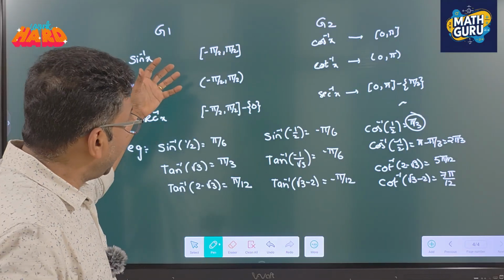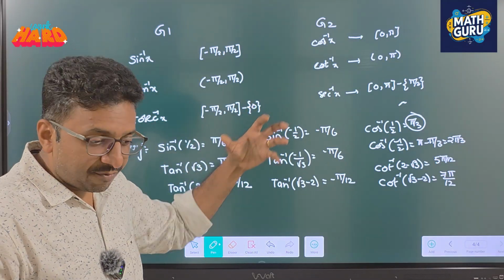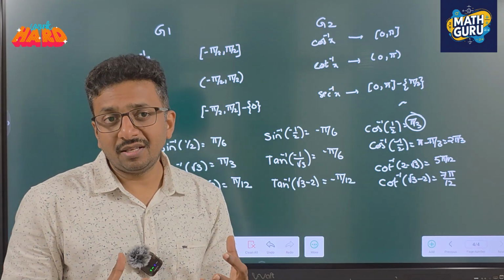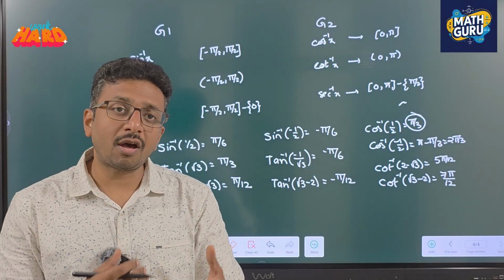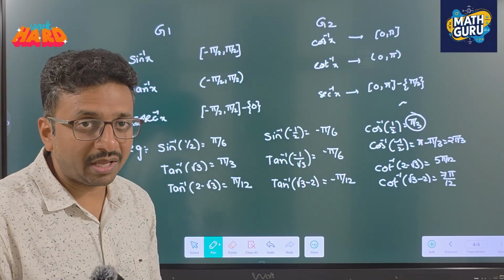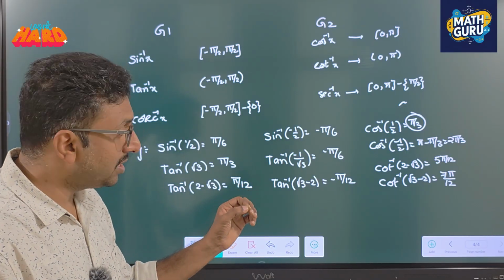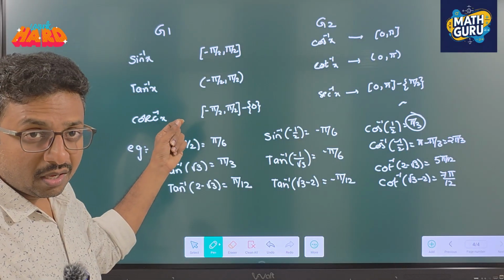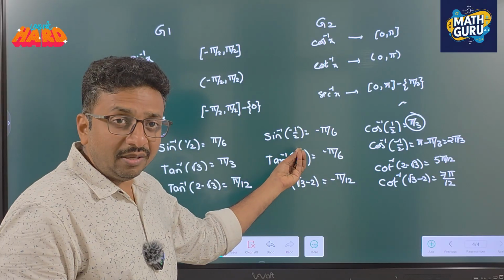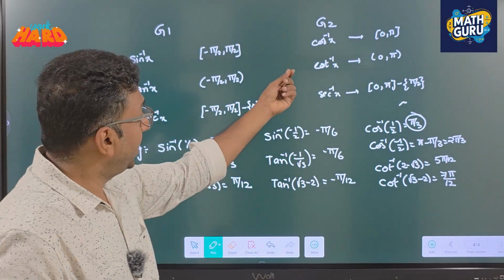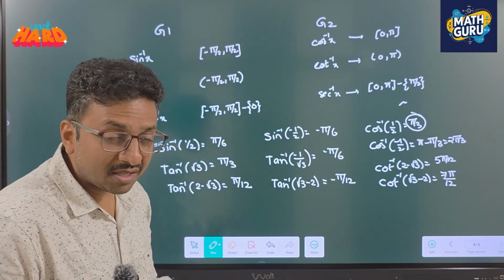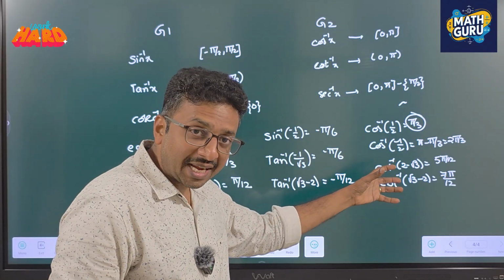If positive numbers are going inside the inverse trigonometric functions, in either group, the answers are always in the first quadrant. The main difference is when negative numbers are going inside. When negative numbers go inside group 1 ITFs, they give you angles in the fourth quadrant. When negative numbers go inside group 2 ITFs, the answers are in the second quadrant.